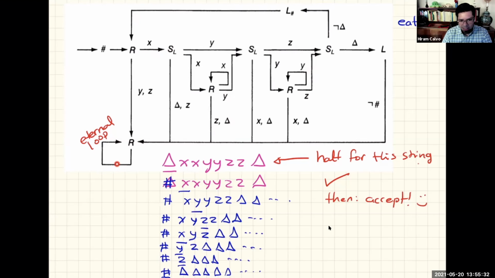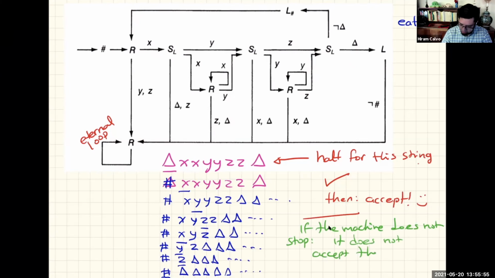And if the machine never stops, it means it won't accept the string. Let's write in a different color. If the machine does not stop, it means it does not accept the string.